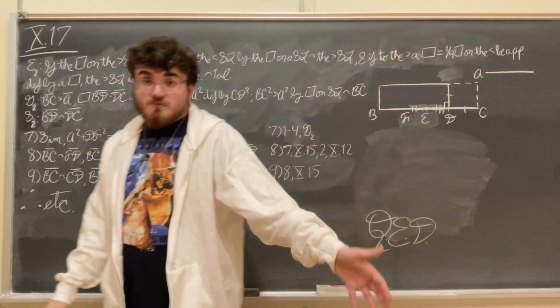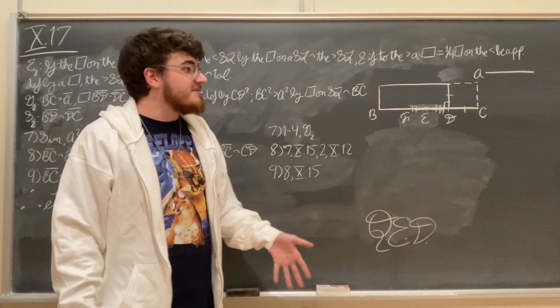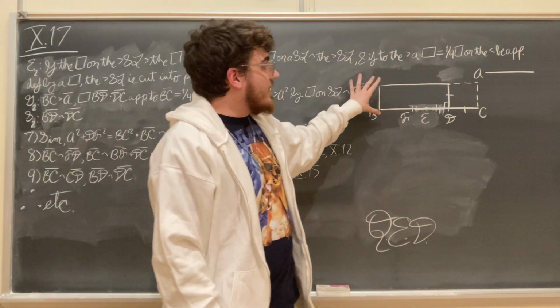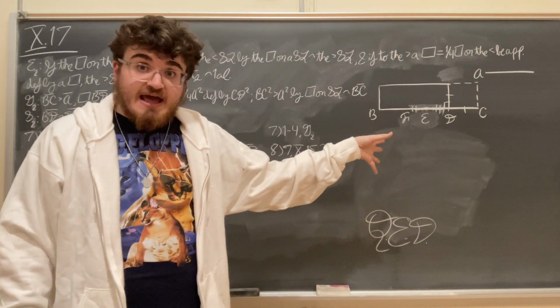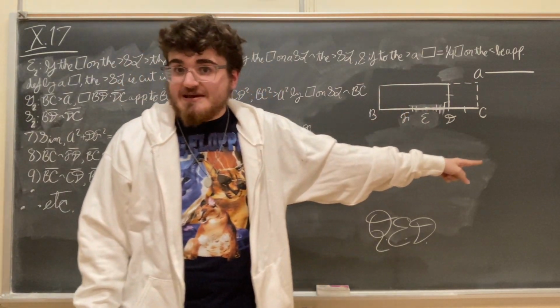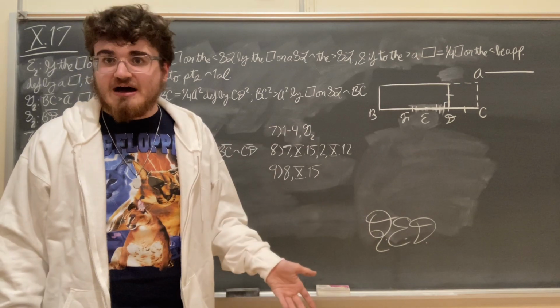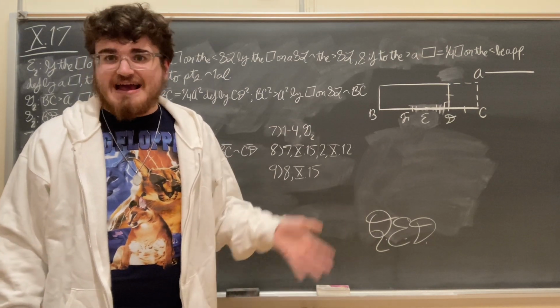There only remains one last thing to be shown about this proposition, namely that when we apply this rectangle to BC equal to a fourth of A squared, that part doesn't actually matter.